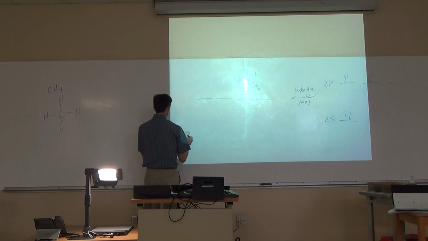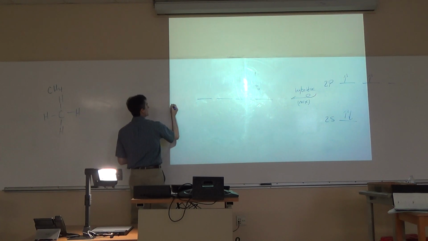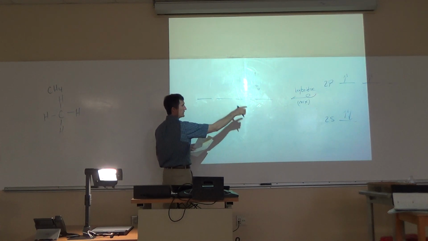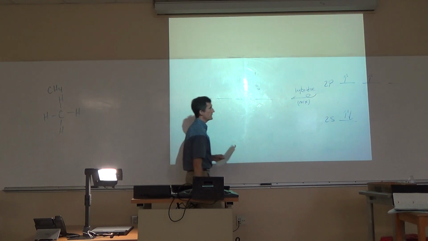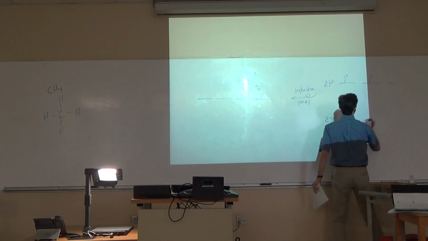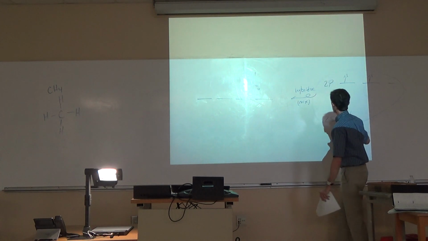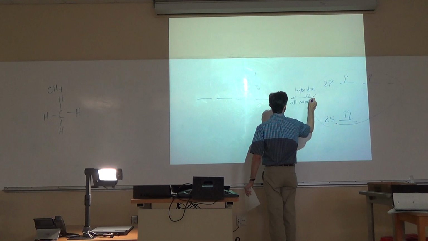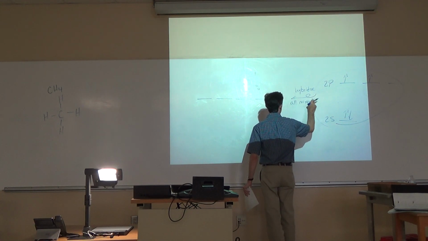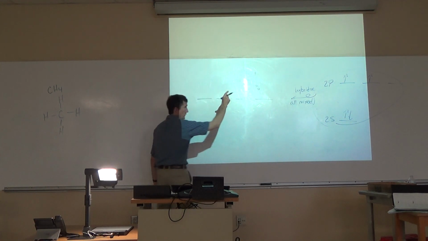We've got to give them a name. They're no longer s's, they're no longer p's. We mixed all of these. We named these according to what went into the blender.